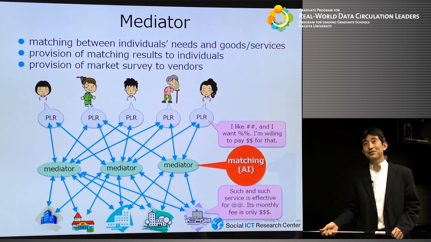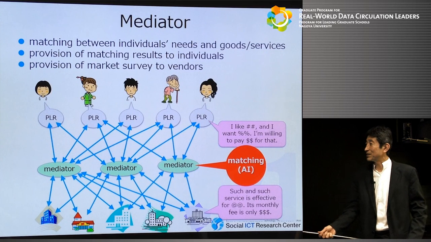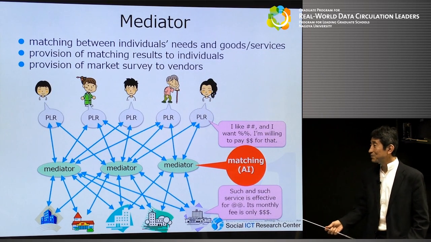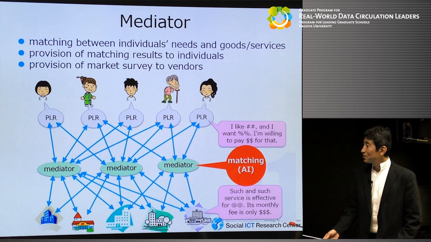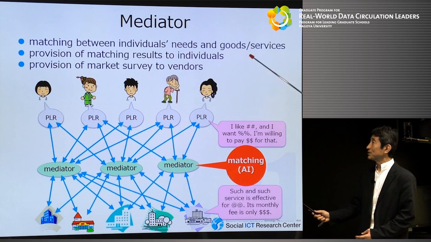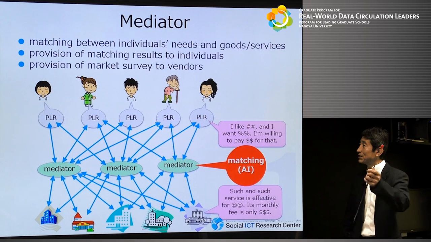So in order to implement much more total matching between the customers and vendors, there must be some business operators called mediators, which are responsible for matching between individuals' needs and products and services of the vendors.